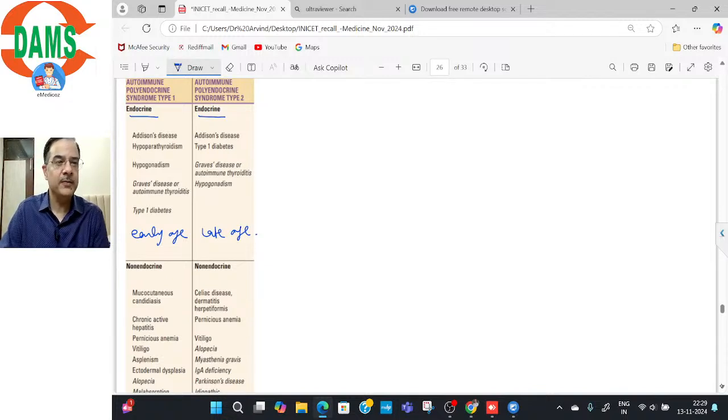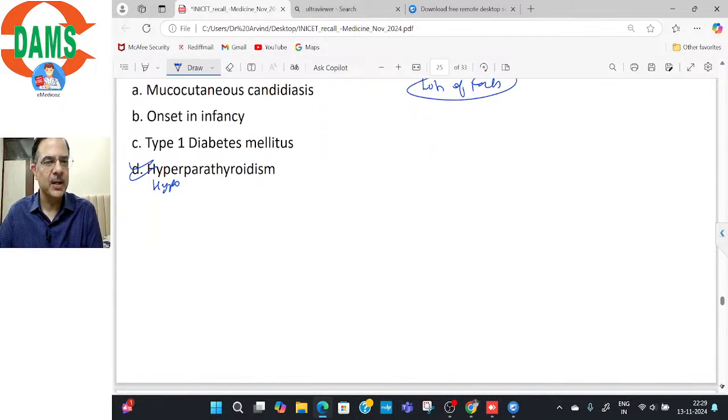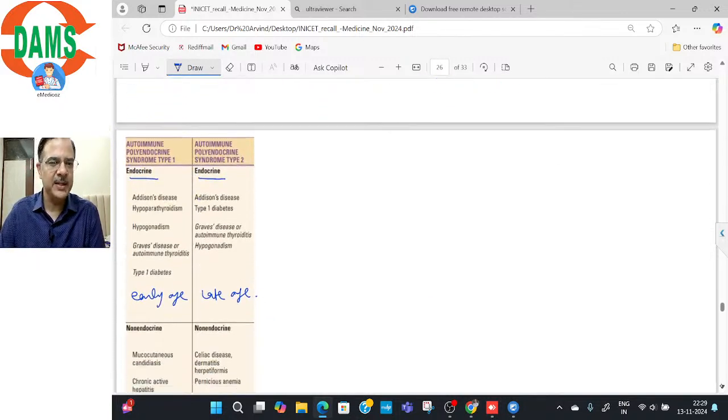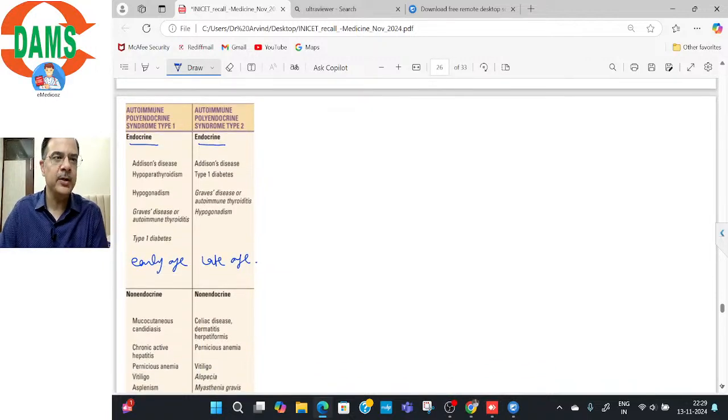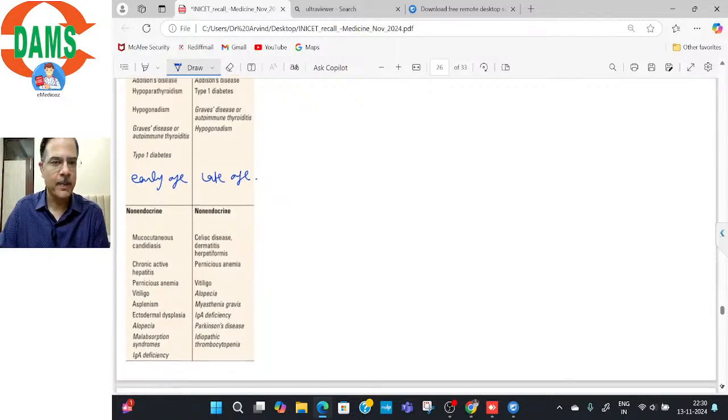Instead of hyperparathyroidism, it is hypoparathyroidism which will be present here. So again, a fact-based, unexpected question, where they will ask from this table of Harrison.